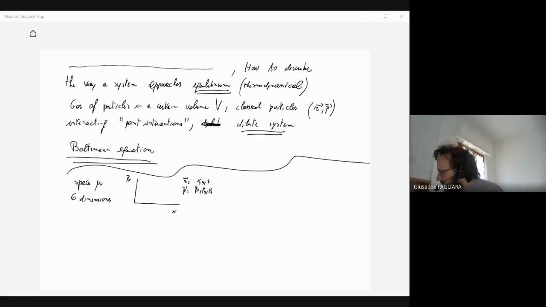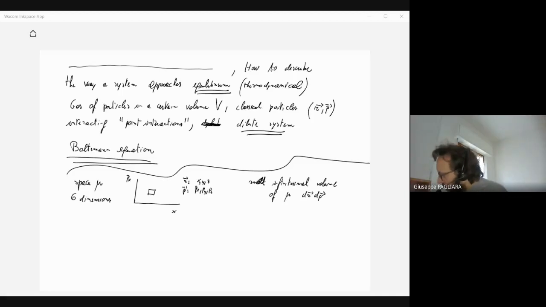And now let us consider an infinitesimal volume of mu, which will be dr times dp, which could be a box in this two-dimensional plot, okay?